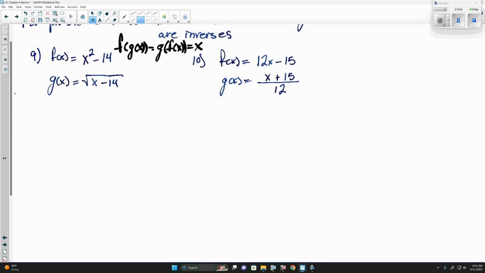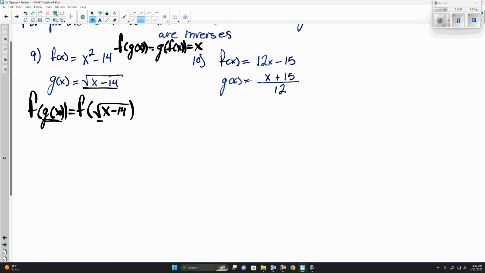So for number 9, we can start off with f of g of x. And with our composite functions, we work from the inside out. So for the first part, I'm going to replace our g of x with the function g of x. So we'll have f of the square root of x minus 14.